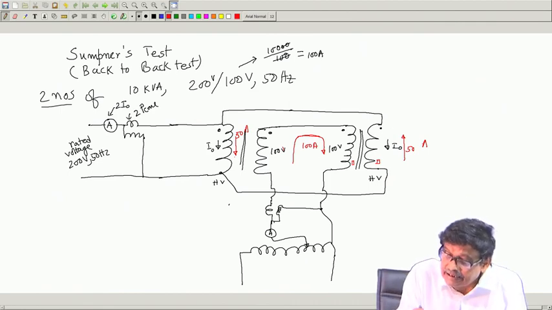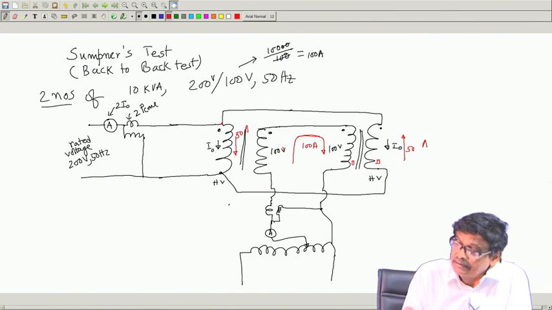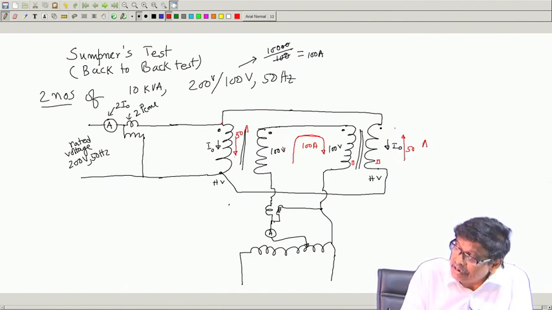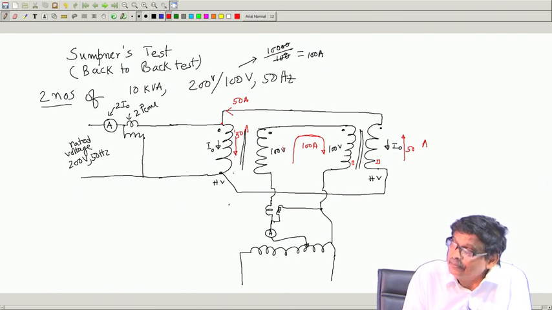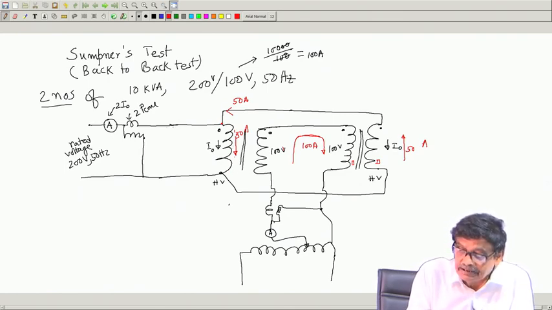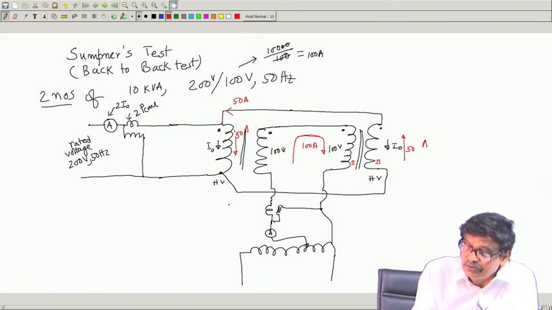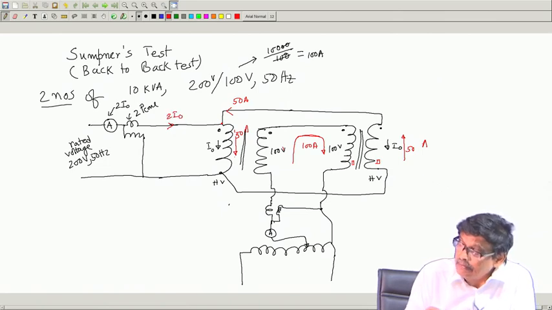Apply KCL here, what will happen? 50 ampere comes in this direction, is not 50 ampere comes in and 50 ampere comes in here. So, this 50 ampere business never comes here. This current still remains 2 I naught, whatever is the no load current. Got the point? That is the most important thing.